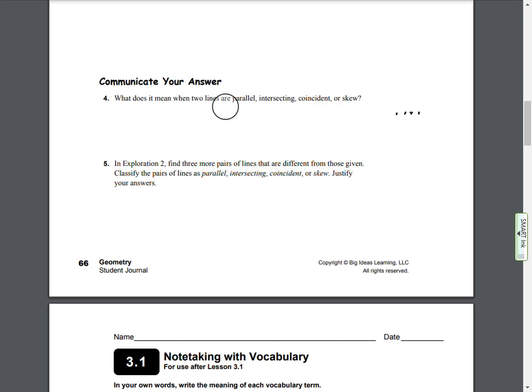Intersecting, I would hope we all know what intersecting lines are, right? Intersecting, we have a line and we have another line and they intersect. Right there, where the two lines cross. Coincident, I'll write in red here, are two lines on the same line.